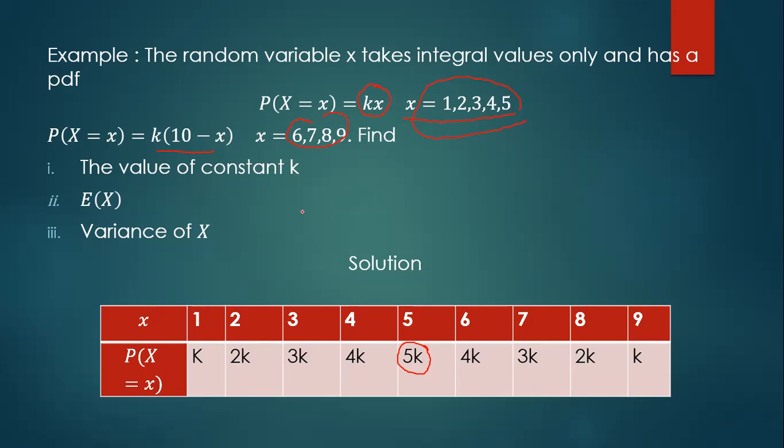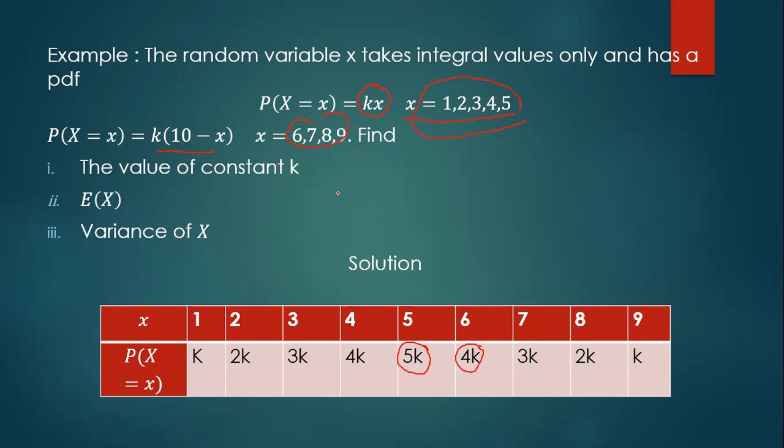So what happens when we get to x equaling 6? Use k into 10 minus x. So that would be 10 minus 6. And what is 10 minus 6? 4. So that is why we have a 4k.